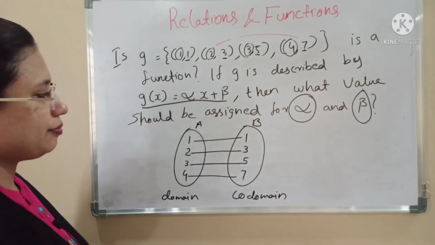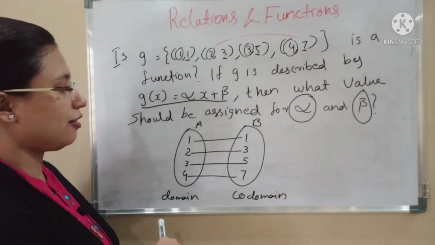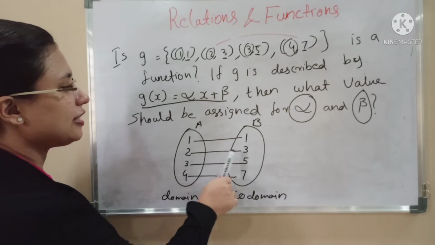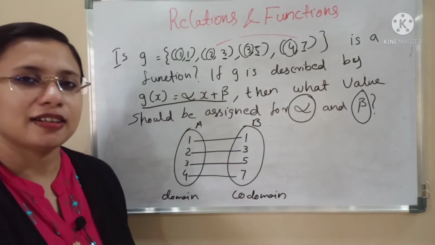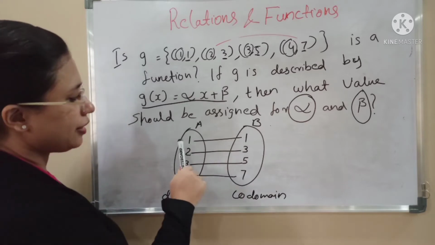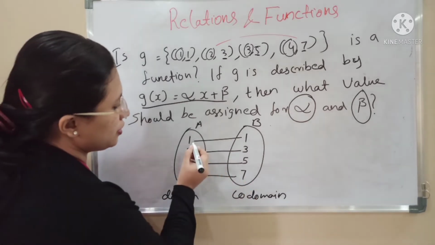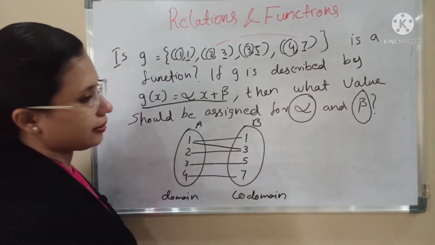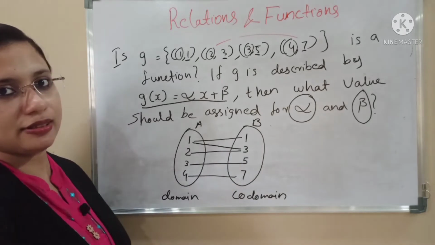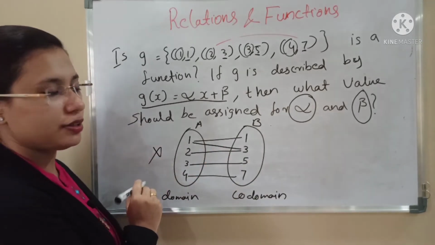Why? Because all the elements in set A, or all the elements in the domain, have only a single relation with set B. None of them have more than one relation with set B. Suppose there is a relation like this, where 1 is related with 2 elements in set B, then this won't be a function.